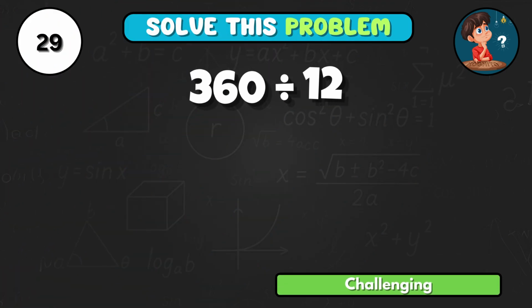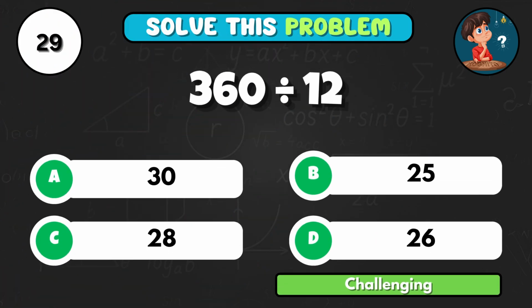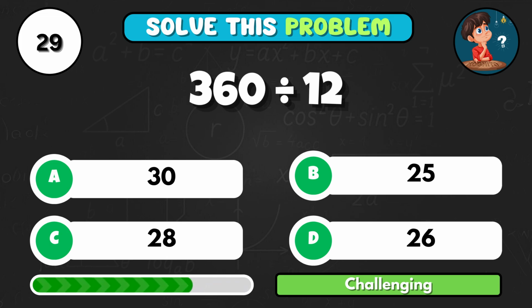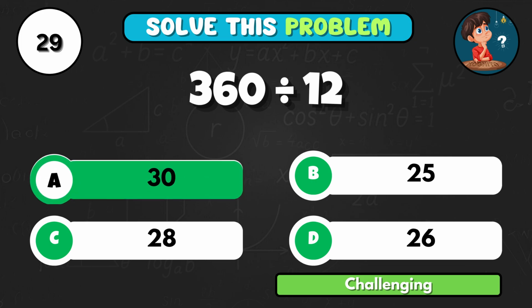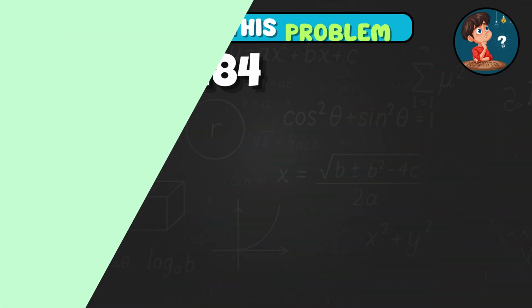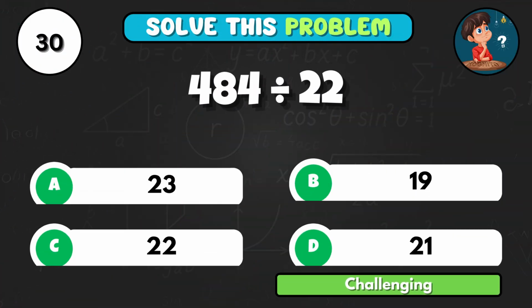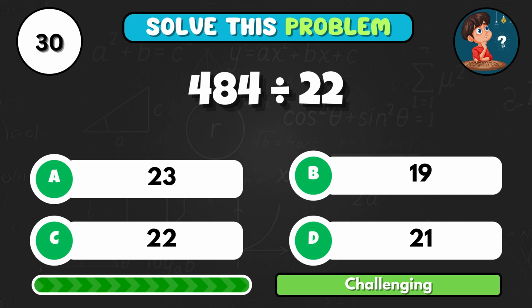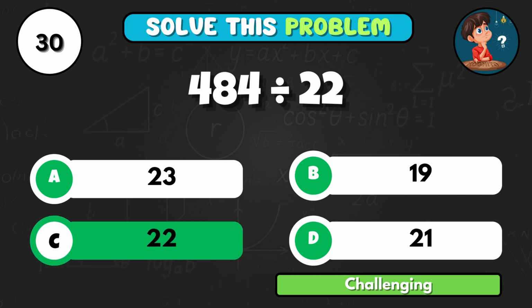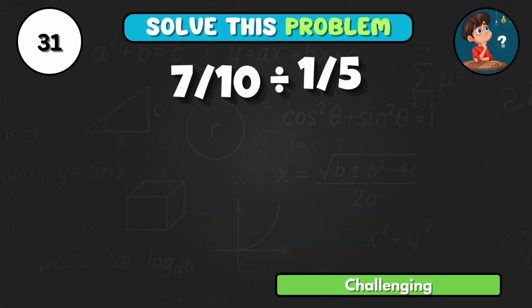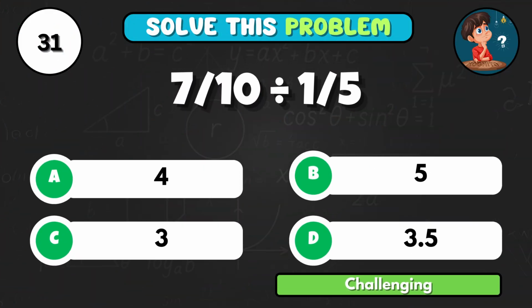Work out 360 divided by 12. That's A, 30. What is 484 divided by 22? It equals C, 22. 7/10 divided by 1/5 equals what?